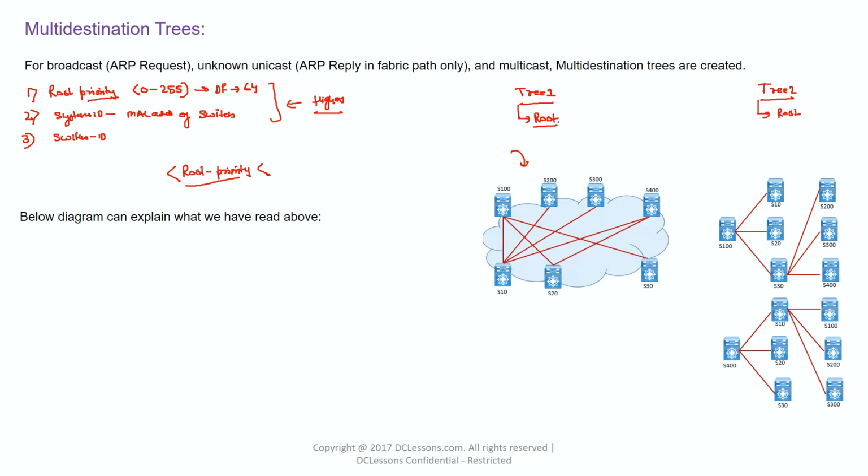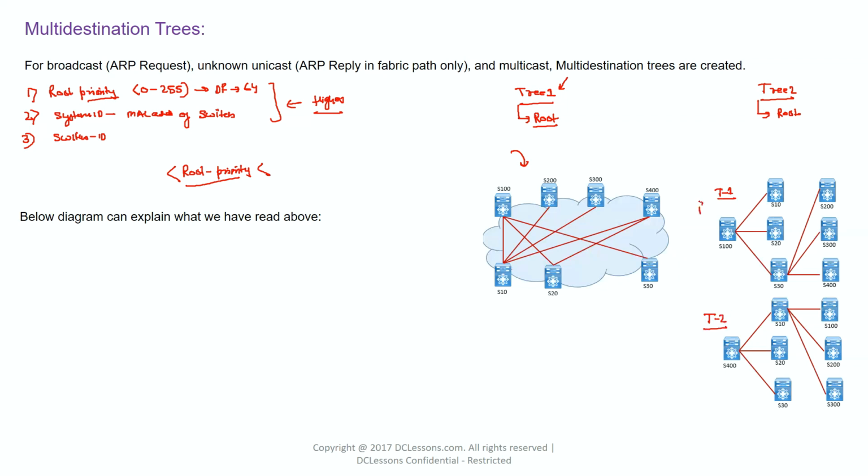First, tree 1 will be created. For that, each switch will negotiate or share its root priority, system ID and switch ID, and based on the values, let's suppose my root becomes switch 100. This is my tree 1 and this is my tree 2.